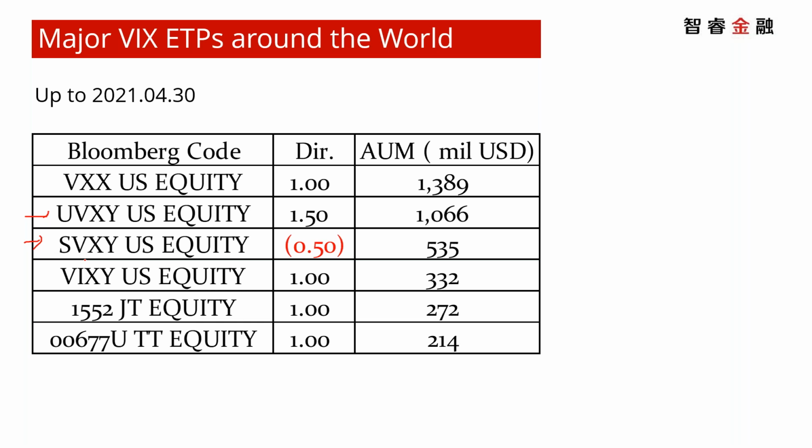UVXY used to be a 2 times leveraged ETF, while SVXY was a 1 time inverse ETF. The major reason for this is that during the first quarter of 2018 and 2020, the market experienced an extremely high level of volatility movement, and that led to a spike of several 100% in long volatility exposure ETFs and almost wiped out all the value of some of the ETFs with short volatility exposure.